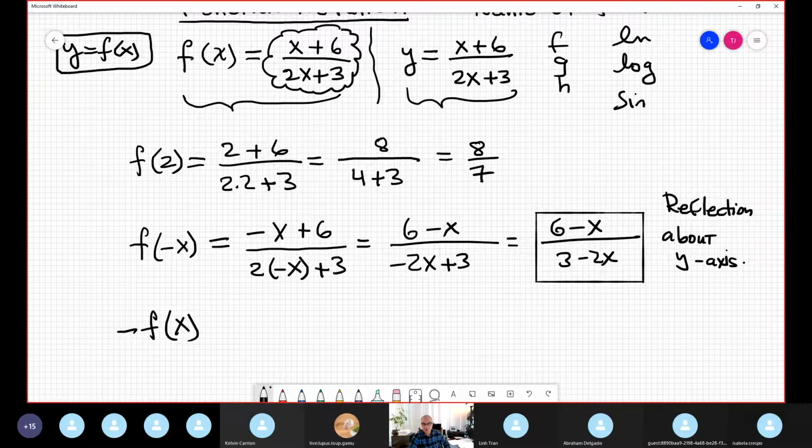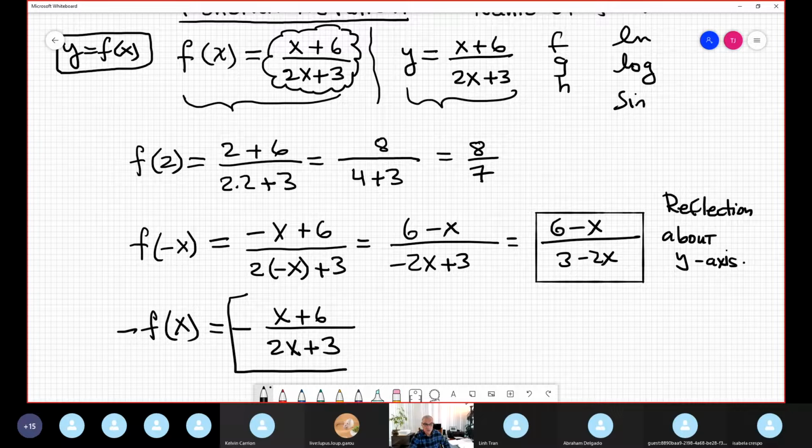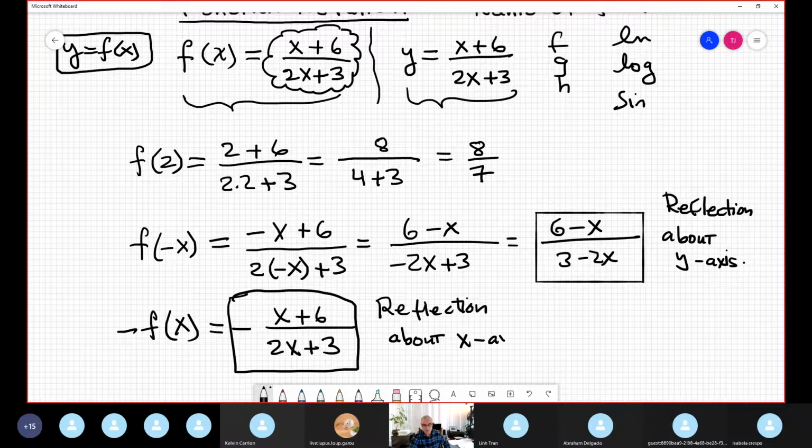This is easy because you put a negative in the front and you copy exactly the same f of x like the original, and that's it. This new expression is the reflection about the x-axis.